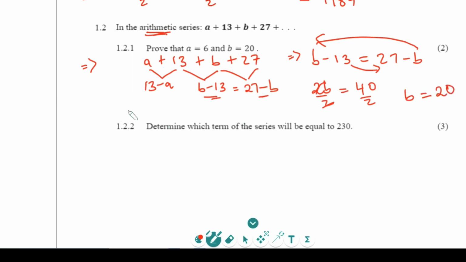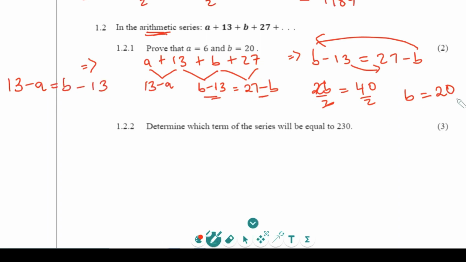And then I come to a. I can choose either to equate 13 minus a is equal to b minus 13, or just replace this 20 into this and equate it to that. So 13 minus a is the same as b minus 13.